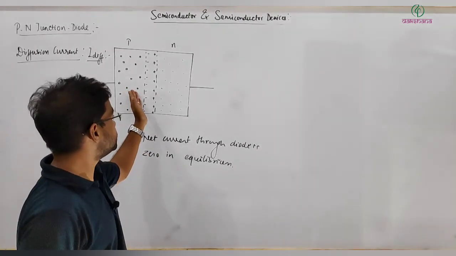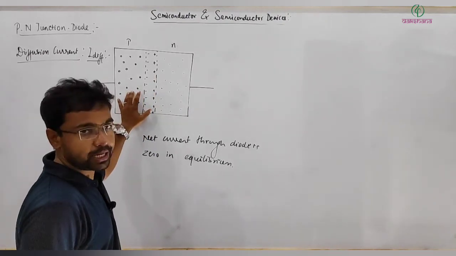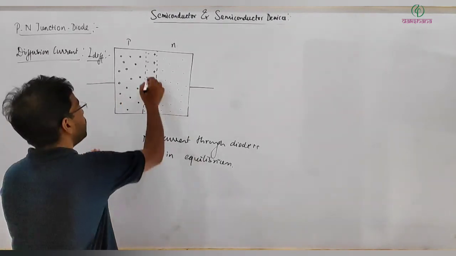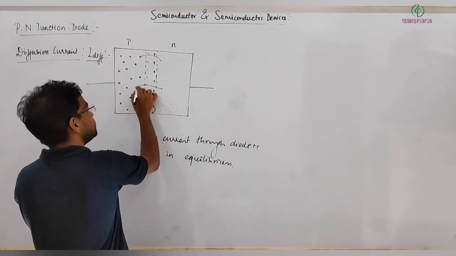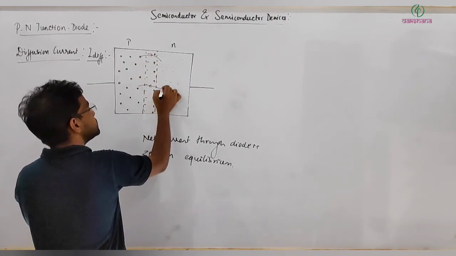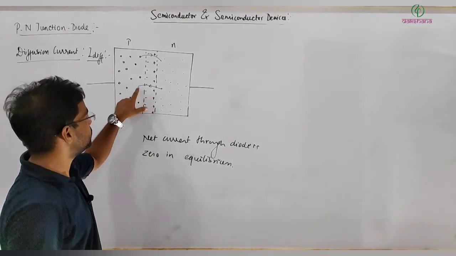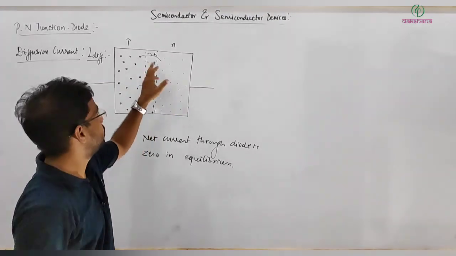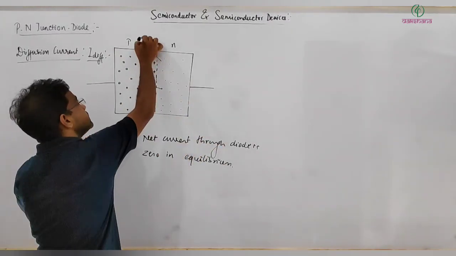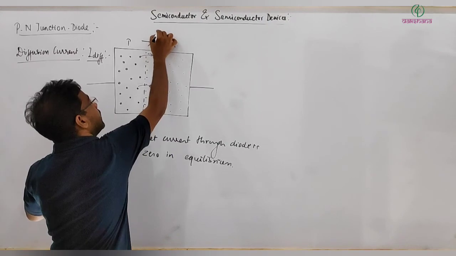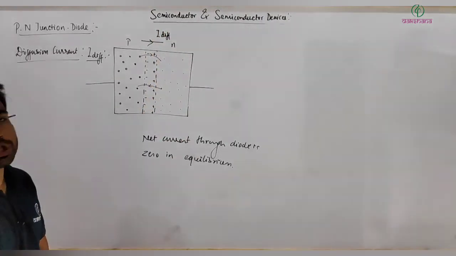So if holes are jumping from this side to that and electrons from here to there, what will result? The electron movement this side, so current will be this side; hole positive movement this side, current will be this side. So that will result in a current from P to N side, and that is called diffusion current.